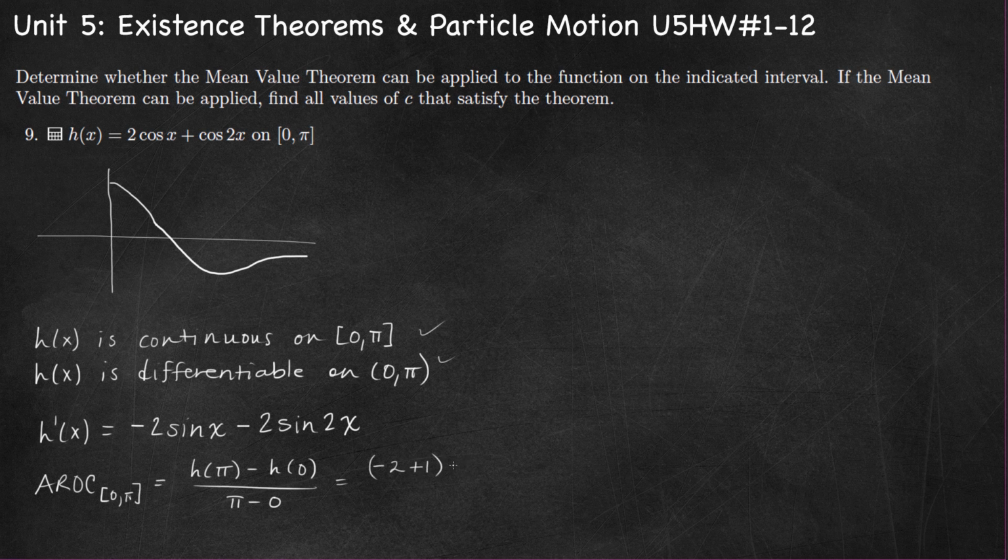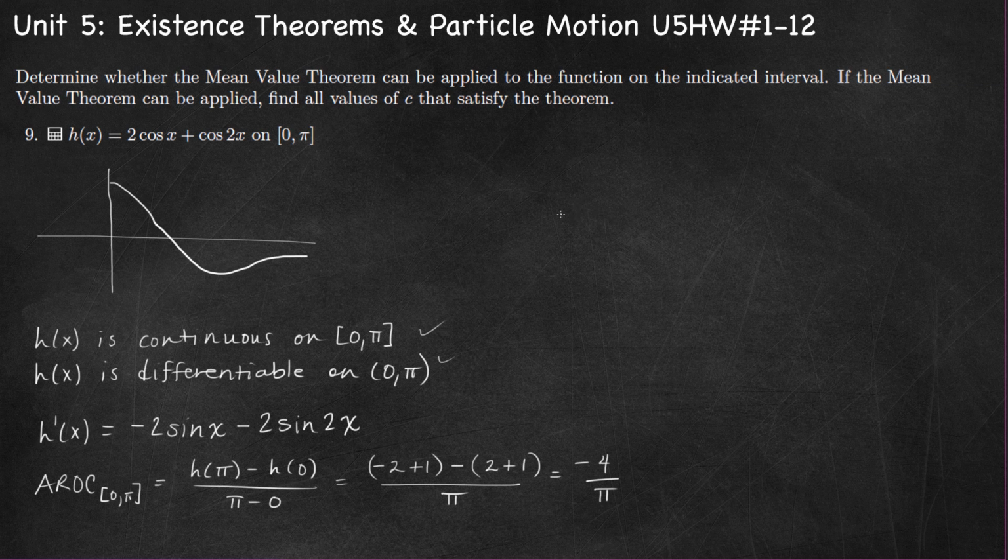Okay, so that's h of pi, minus h of 0. 2 times the cosine of 0 is 2, plus the cosine of 2 times 0, that's 1, over pi. So we have -1 minus 3, so -4, over pi. That's our average rate of change.